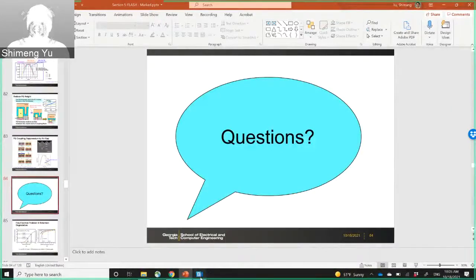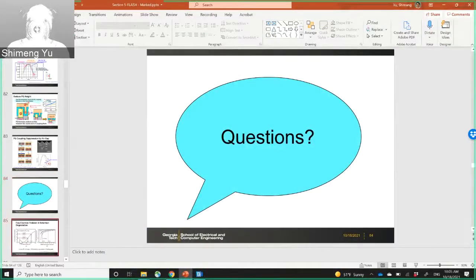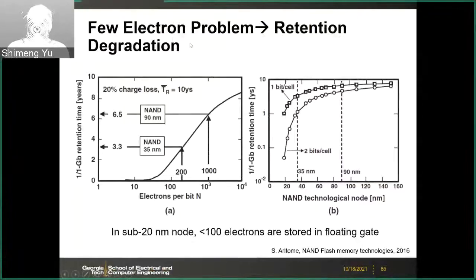So here we discuss the challenges related to the coupling. And the next one is the retention due to the few electron problem. As we discussed, the number of electrons in the floating gate is less than like 100. So if you lose one electron, you may change your threshold voltage significantly. So here, this is like retention time in years versus number of electrons.